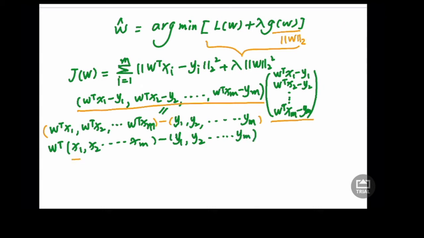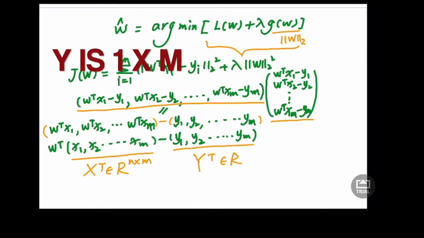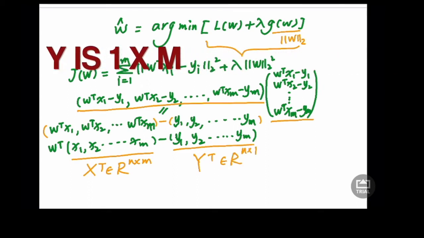Now let's look at this part. What's this? This is X transpose, right? It's a feature matrix, N by M. And what's this part? This is Y transpose, right? It's N by 1. Yes.